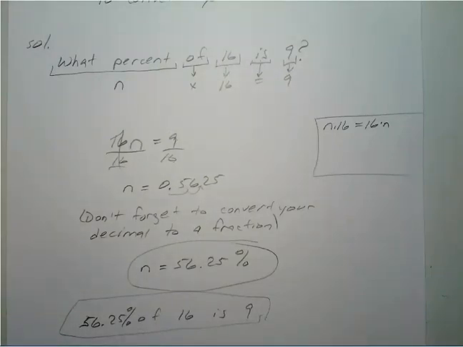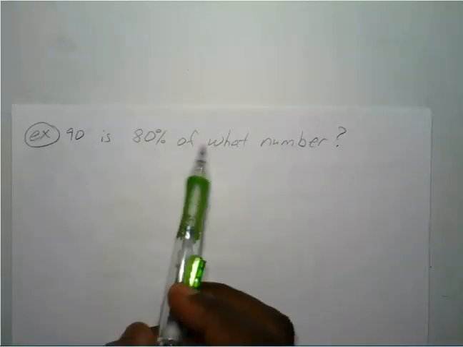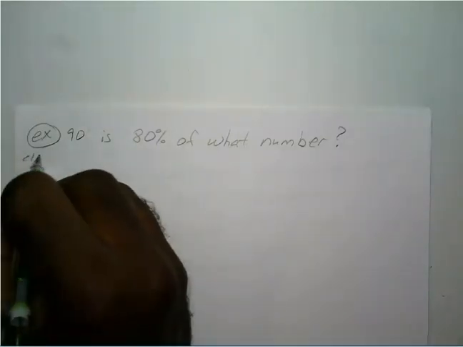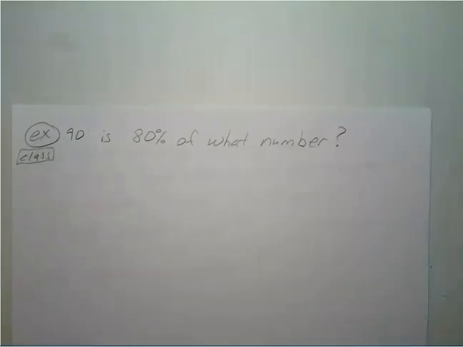All right, so if you are still writing, feel free to press pause, but we're going to do one more example. Okay, so 90 is 80% of what number? All right, so you already know, I want you to press pause and try to solve this one on your own.